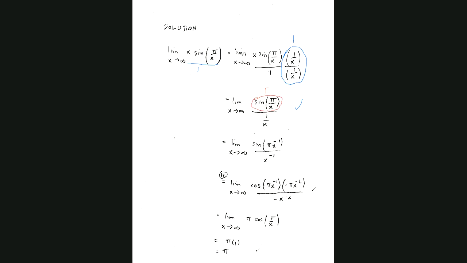So we have an f here and a g. The question now is, is the indeterminate form 0 over 0 or infinity over infinity?